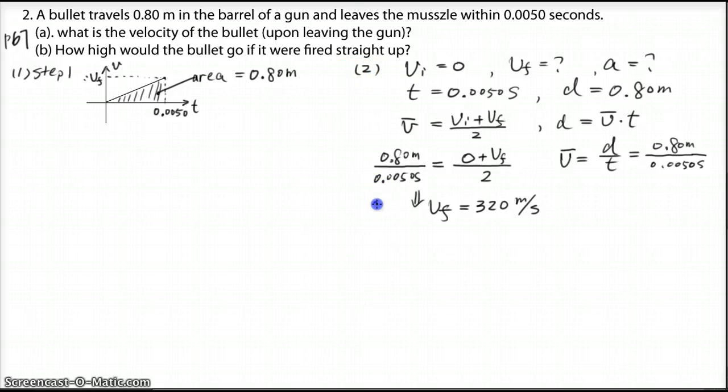So we just solved A. And then look at B. How high would the bullet go if it were fired straight up? This graph is actually for A, and for B we like to draw another graph. It's also a VT graph.